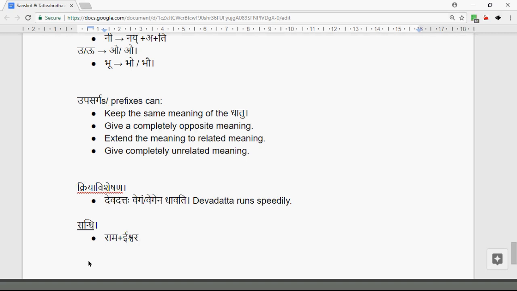But if I want to make a compound, samasa, compound, sandhi is mandatory. So sandhi is mandatory in a compound. For example, Rama plus Ishvara will be Rameshwara.